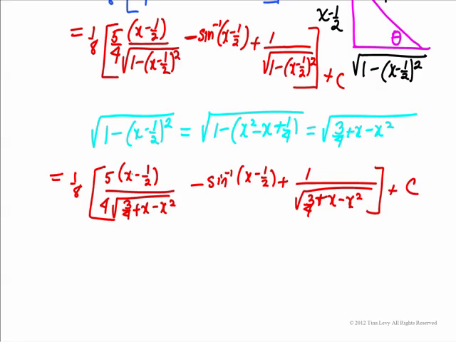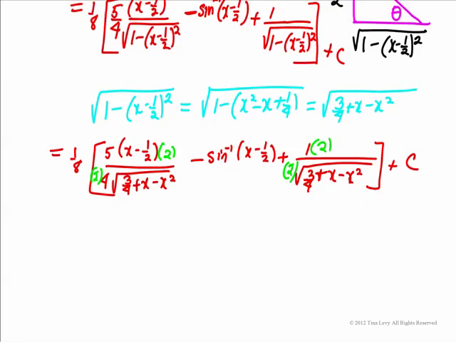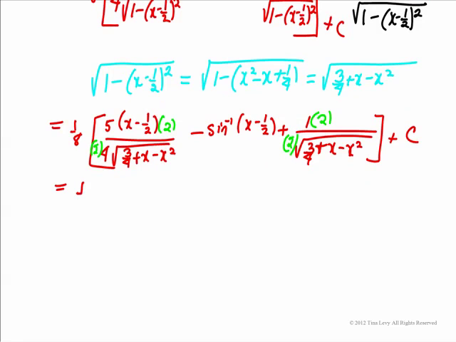But with complex fractions, we want to get rid of this half. So I'm going to multiply top and bottom by 2. I'm going to put a 2 here. And even though I have a complex fraction here, which is going to be all of this over square root of 4 is 2, I'm going to multiply top and bottom here by 2. So this now becomes 1/8. I have the 2 going through, so it's 5 times 2x minus 1.